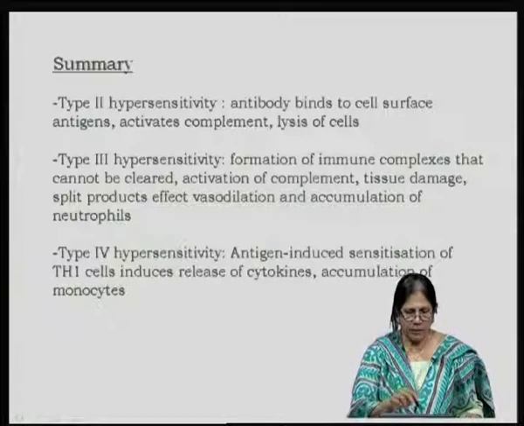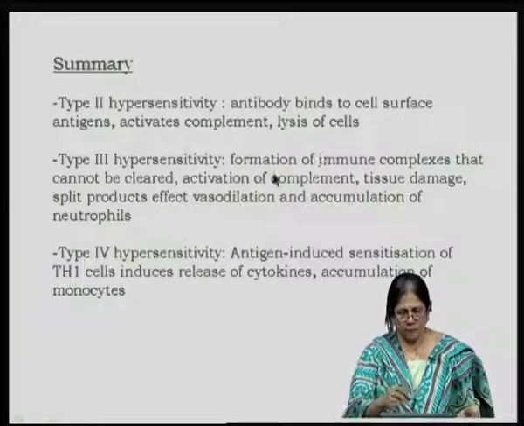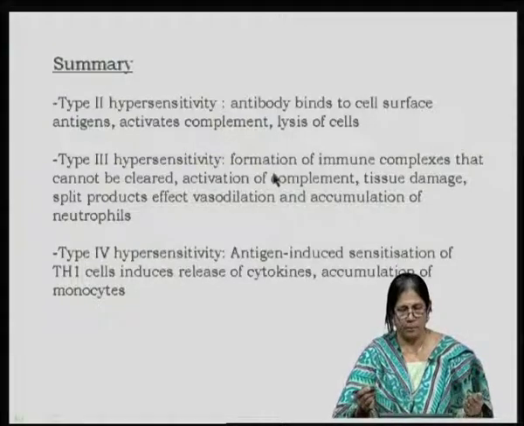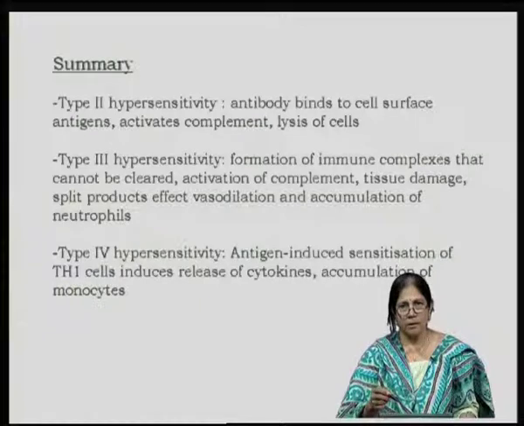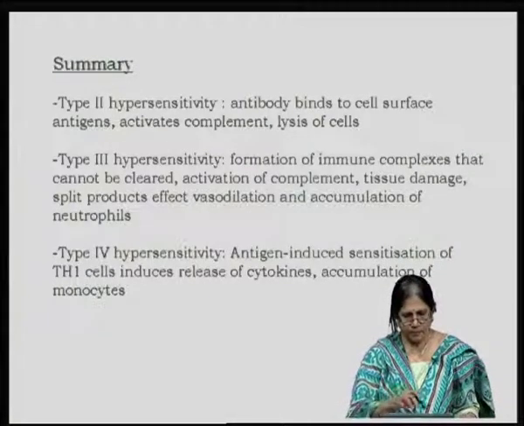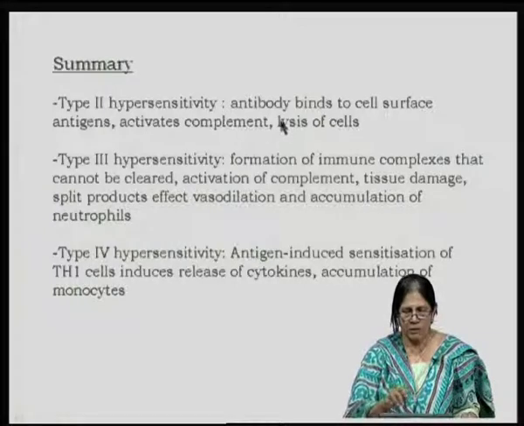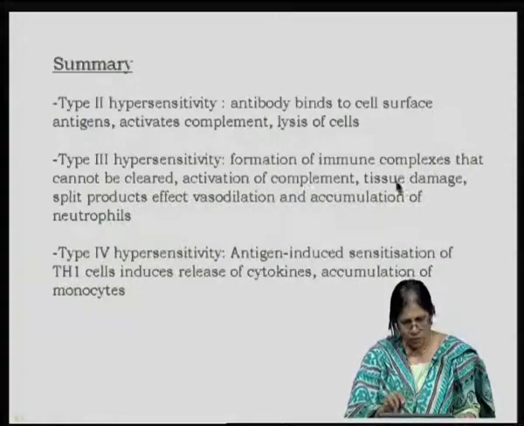The examples of type 2 hypersensitivity are transfusion reaction or erythroblastosis fetalis. There is toxicity to cells and thereby lysis, and this is determined by antibodies. In case of type 3 hypersensitivity, there is formation of immune complexes.